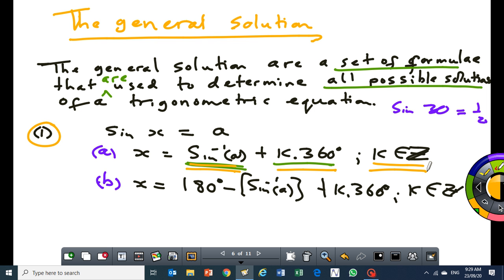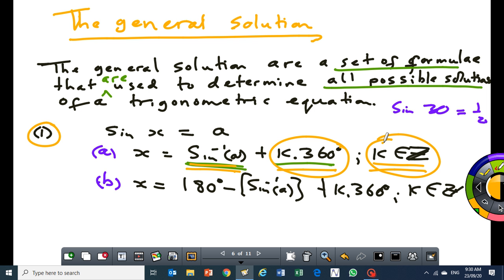If k is minus 1, this becomes minus 360, which is what I was adding without the general solution. So this part caters for all the possible angles that you can get for any reference angle. But k must be an integer.